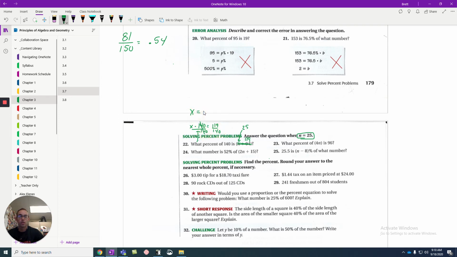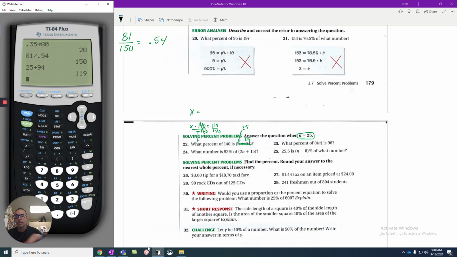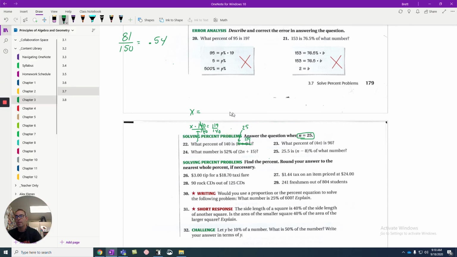X equals, and 119 divided by 140 is 0.85. Now I remember that when I'm being asked for a percentage, what percent, I need to turn this into a percent by pushing the decimal back 2 spots to make 85%. That's what you're going to do for the most part.